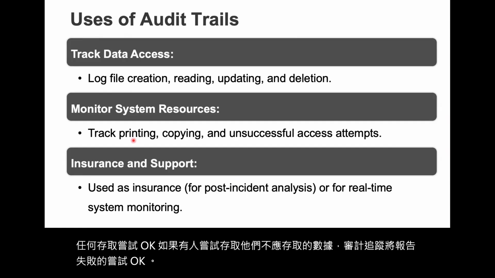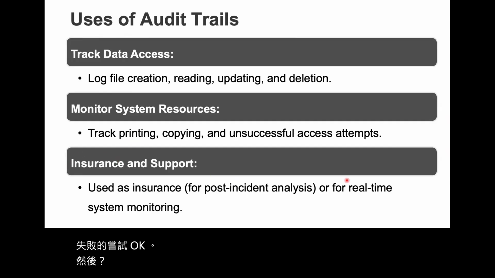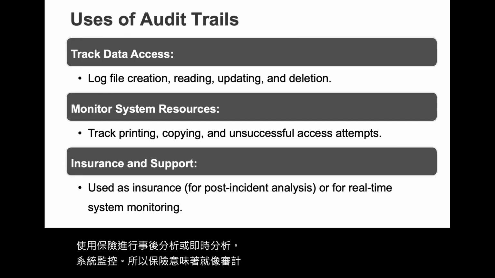And then insurance and support. The use of the insurance is for post-incident analysis or for real-time system monitoring. So the insurance means the audit trails act like a safety net.